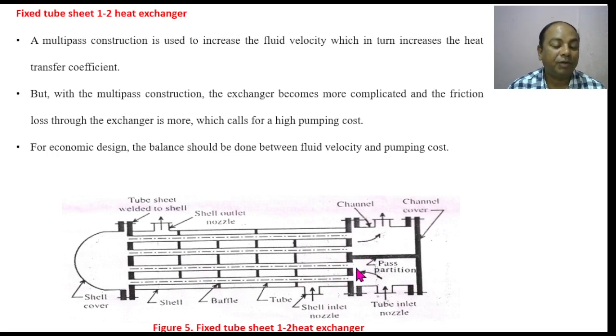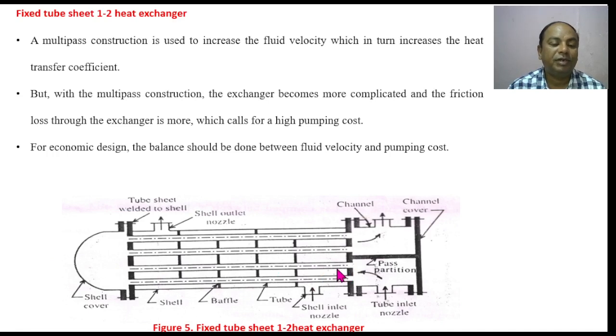The fluid has to make more than one pass, and the fluid should pass with high velocity, and this is done by means of pumping. Pumping is required to make the fluid move with a high velocity.